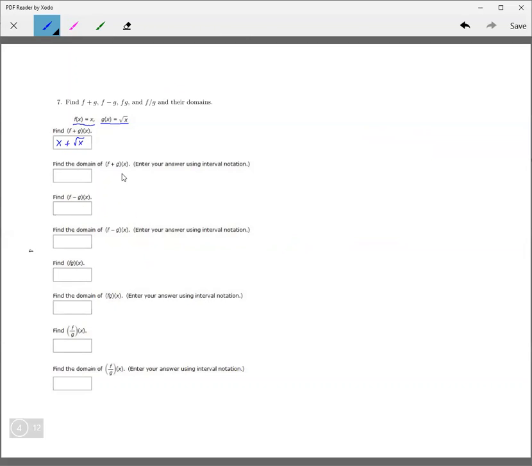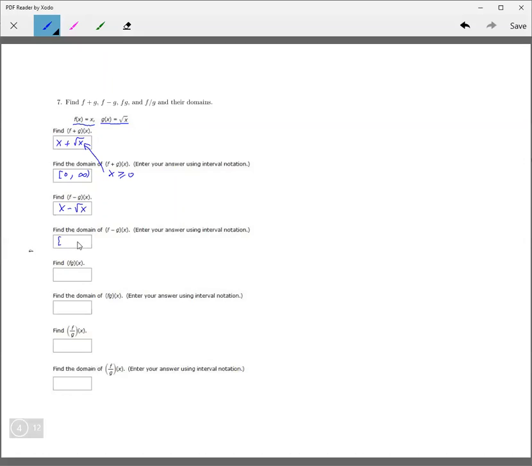And the domain is going to be all values that you can plug into here and also into there. When you take the square root, you have to have a number that's greater than or equal to 0. So that translates to 0 to infinity, including the 0, but of course not including infinity. Okay, and then f minus g, so that would be this minus that.